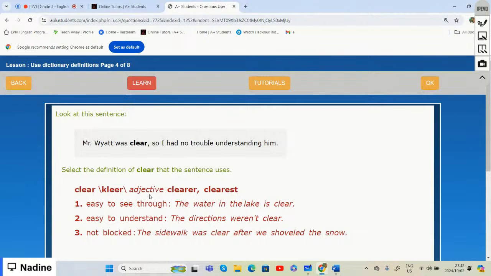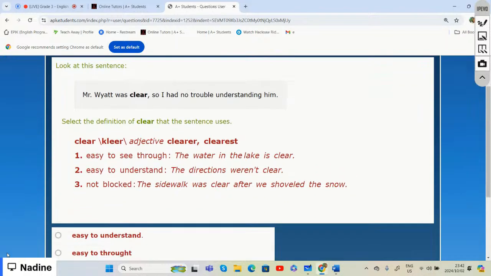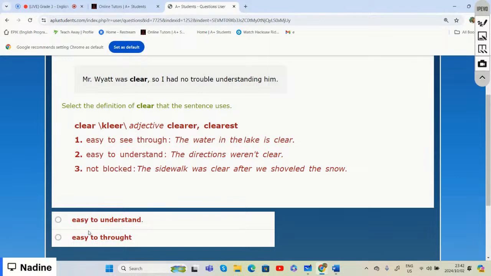The first is easy to see through, the second is easy to understand, and option three is not blocked. If we look at that word clear, Mr. Wyatt was clear so I had no trouble understanding him. Which definition fits?